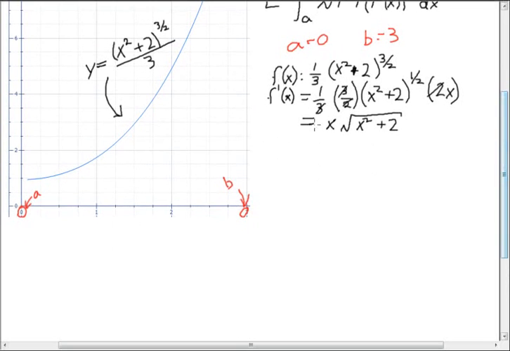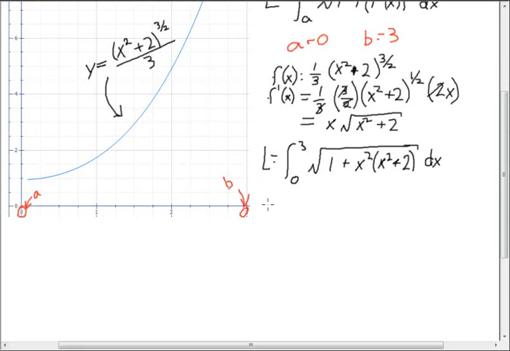So we continue on, plug this into our formula now. So L is equal to the integral from 0 to 3 of the square root of 1 plus this squared. So what's that squared? Well, x squared times, and when you square a square root, you get whatever's inside the square root. So x squared plus 2, dx.